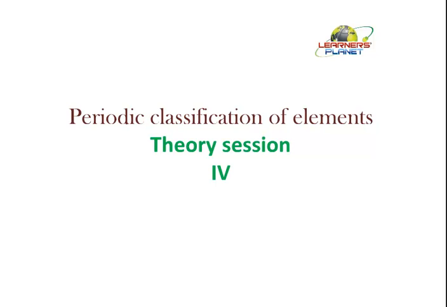So till now we discussed the classification attempts by Dobereiner, by Newlands, by Mendeleev and by Moseley. The modern periodic table which we are using, or the long form of the periodic table, is based on the electronic configuration of elements.